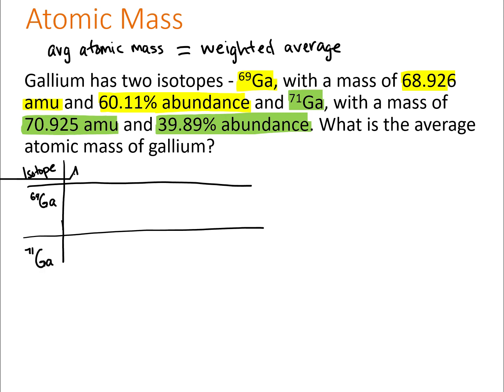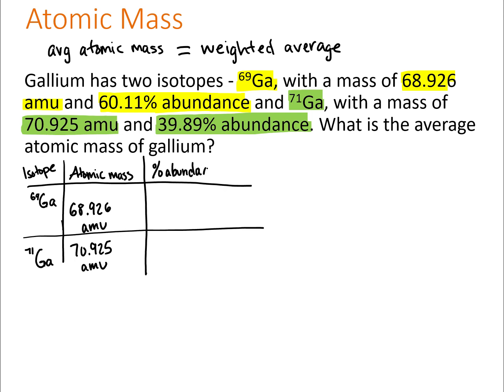Those are our two isotopes. Those are the masses from the problem. And the percent abundance.